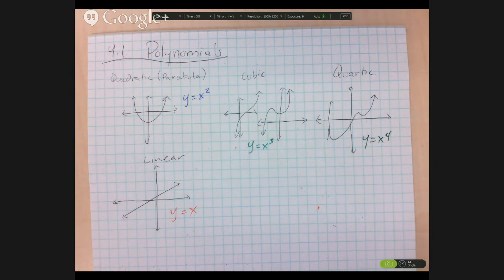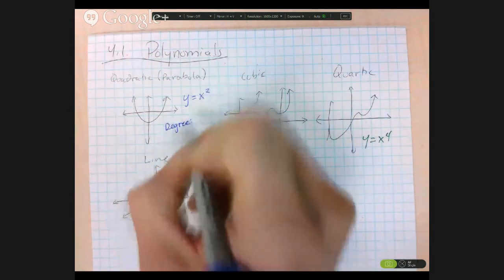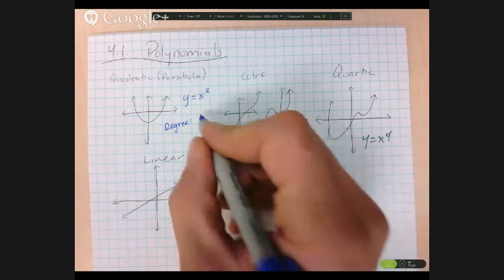What is the degree of that function? Do you remember that vocab word? Degree of a quadratic, anybody? I would do well to repeat what Chloe just said. Okay.